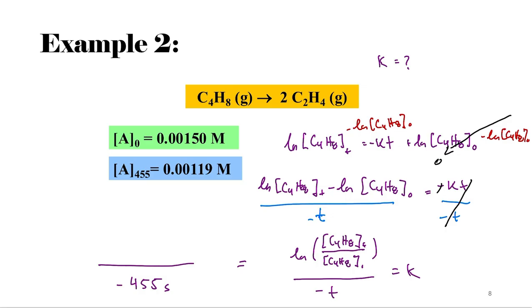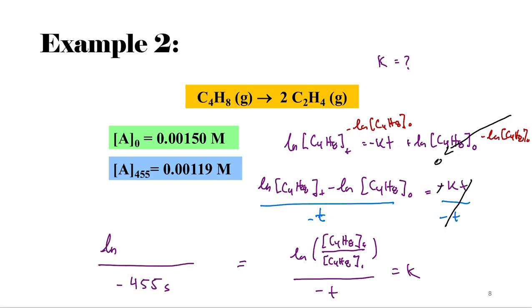What should the final units of our answer be here? Inverse seconds, right? Which makes sense because for a first order reaction, k needs to have units of inverse seconds. We have the logarithm of these two things, which have the same units, so those cancel out. Whenever you have a logarithm, that's going to be unitless in general, right? So there's no units in the numerator here.